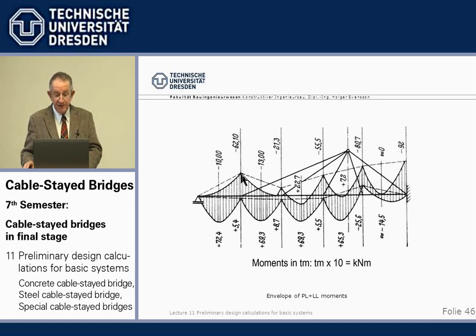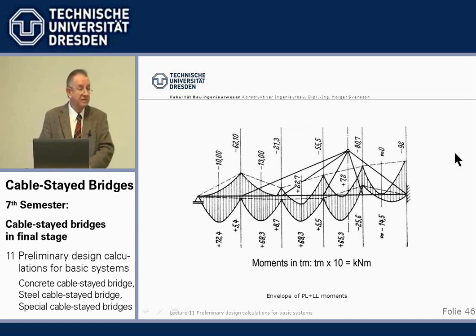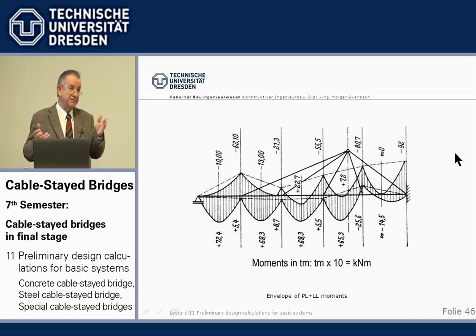This is a range, the biggest moment from dead and life load. You remember 803 we could have, now we end up with 724. Here we have 621, again less than 800. So we are well within the range of the permissible moments for our chosen cross-section.